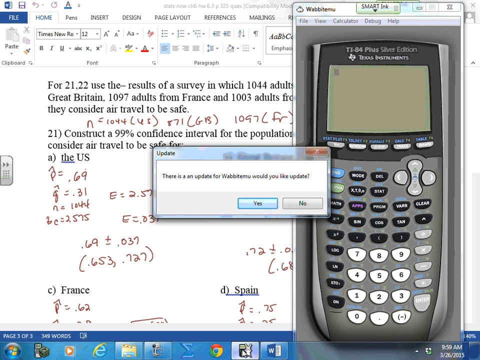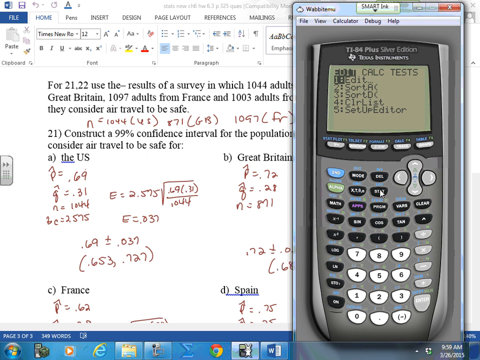So you go to stat, and you have to find your 1 proportion Z interval, wherever it happens to be on yours. Your X, now you have to figure out 69% of 1,044. So just do 0.69 times 1,044. This is where you can't put your decimal in.